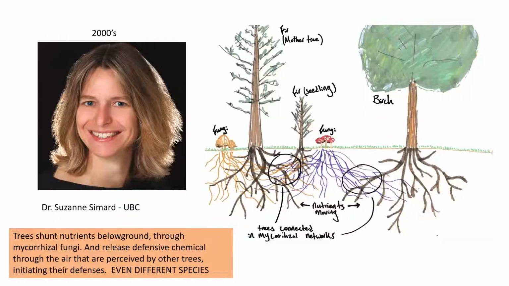And those trees start to produce their defensive chemicals before they're even damaged. Trees talk to one another. And this is occurring not just between members of an individual tree family, not even just between members of the same species. It's happening between individuals of different species. The forest is protecting itself as a community.